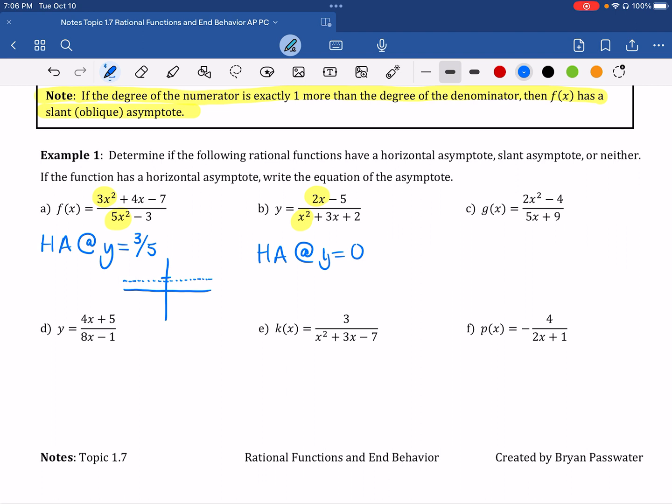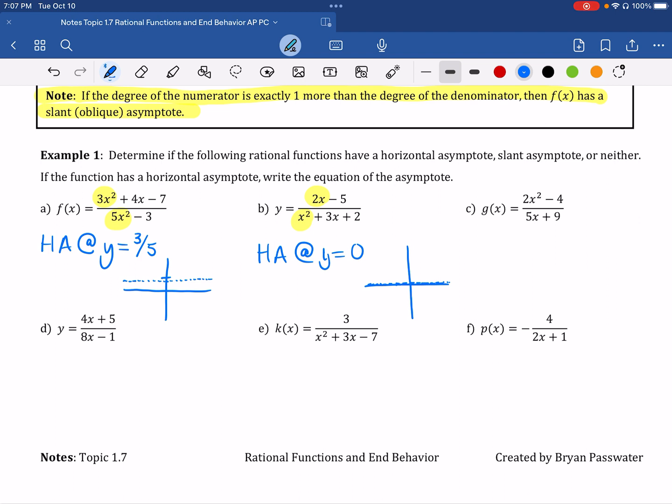It might cross in the middle. It could do all kinds of crazy things in the middle, but at the ends, it's going to approach it. We'll talk more about what this means graphically in the sections to come, but in this one, we have a horizontal asymptote at y equals 0. If you look at that end behavior, the function is approaching 0.